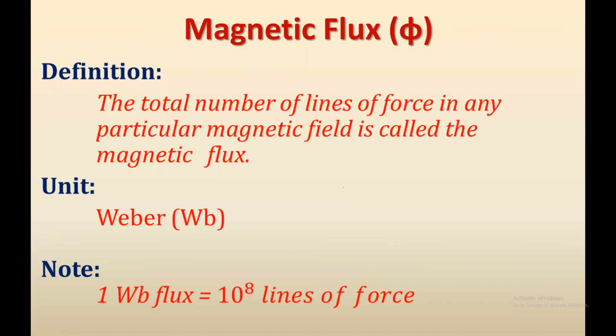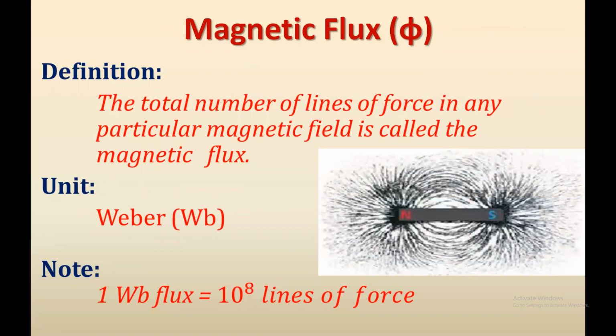Now the next term is the magnetic flux, and it is denoted by phi. So what does magnetic flux mean? If you consider a magnet and its magnetic region, definitely a certain number of magnetic lines of force are present in that particular region.